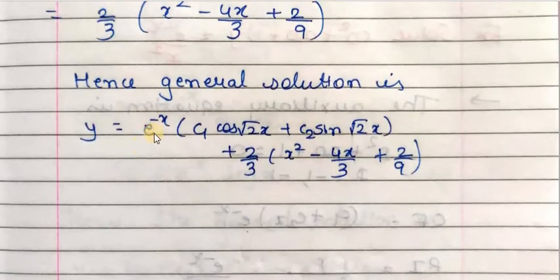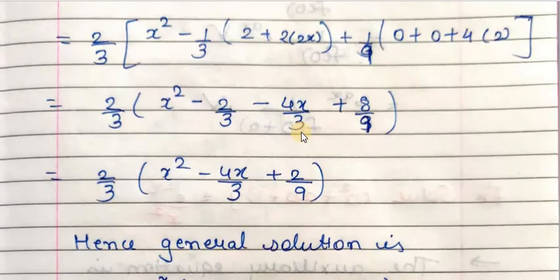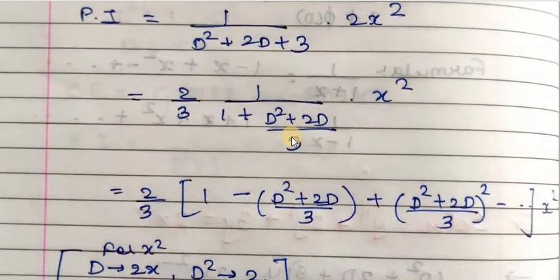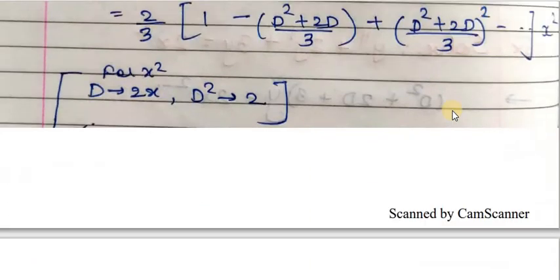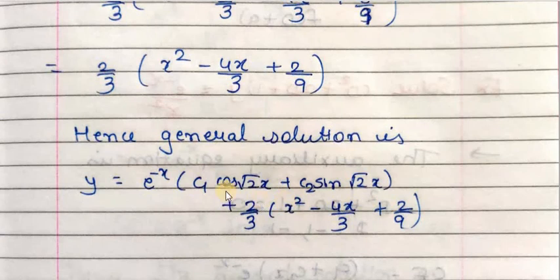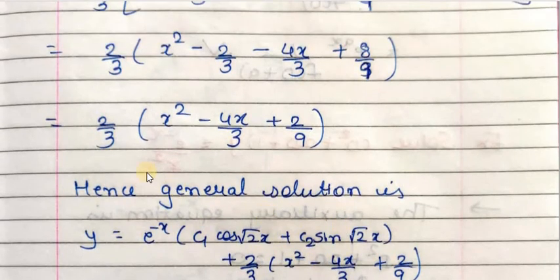And you can see that cf is e raised to minus x into bracket c1 cos root 2x plus c2 sine root 2x. Okay, so this is cf, and pi is 2 by 3 into bracket x square minus 4x by 3 plus 2 by 9, right?